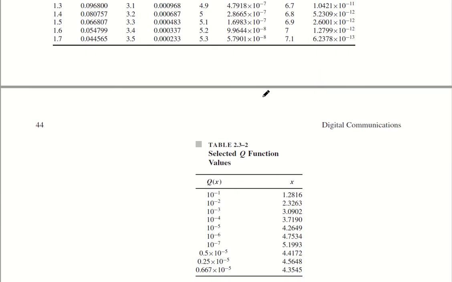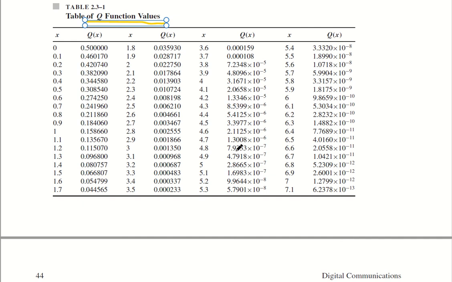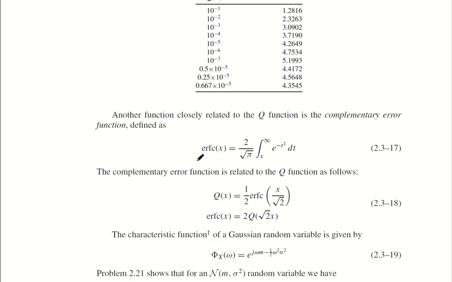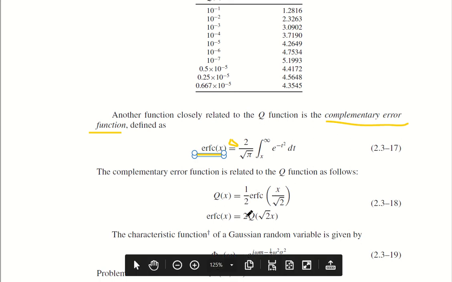Then there is the error function and the complementary error function, defined as this. It is a defined function, and the relationship is Q of x equals 1/2 the complementary error function of this, so the error function can be expressed in terms of the Q function.